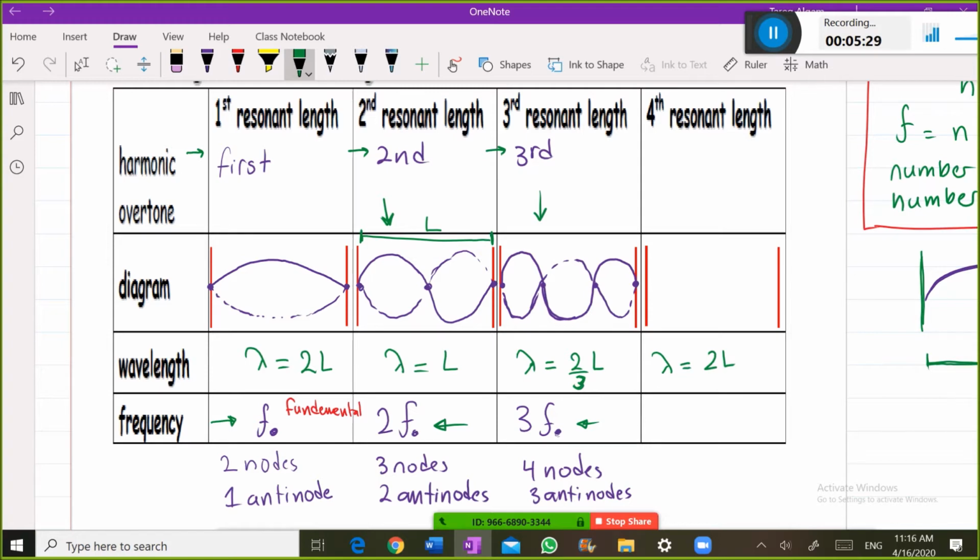I will observe a disturbance, but I will not observe a standing wave. So the standing waves are taking place at specific frequencies.